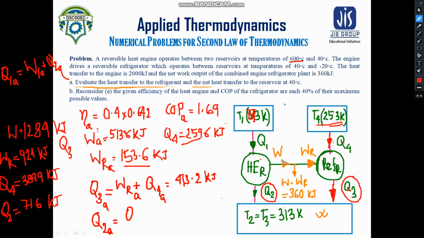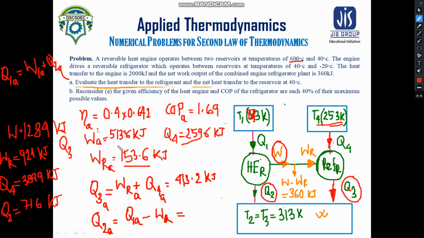This input has been used by this work output and the heat rejection. So summation of the heat rejection and the work output gives you the heat input, right? So you can write Q1A minus WA. That has been written by us here. You know Q1A is 2000.